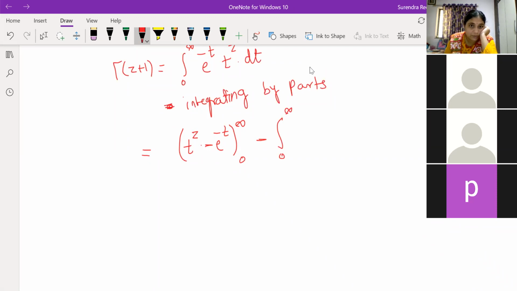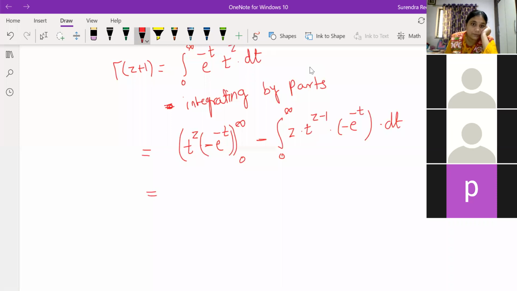the derivative of the first function, that is, the derivative of t raised to z, which is z t raised to z minus 1, and the integration of minus e raised to minus t, dt.